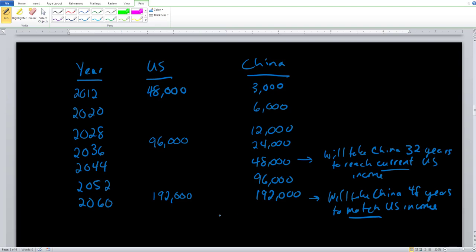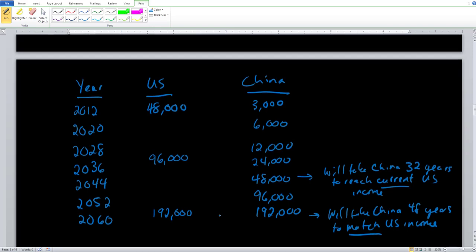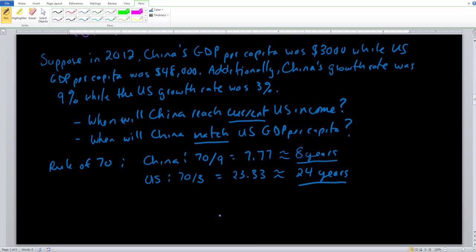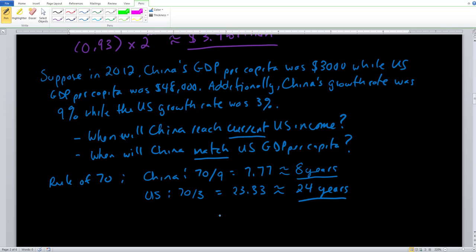And this is what we should expect to happen in the future if China were to sustain its 9% economic growth rate, and the US were also able to sustain its 3% economic growth rate. So here, these numbers are obviously going to change because we do notice that the Chinese and US GDP growth rates are different nowadays. So here, this is assuming that these growth rates are going to stay constant over time.